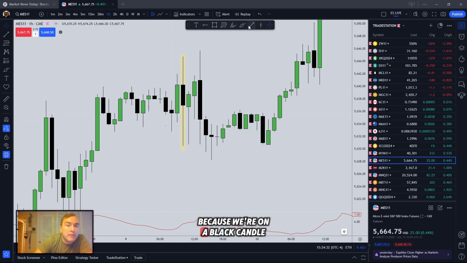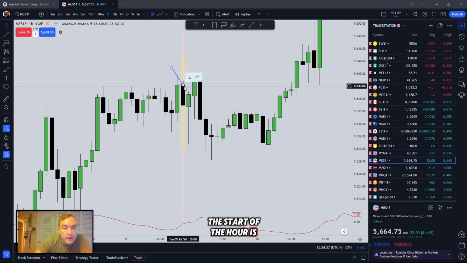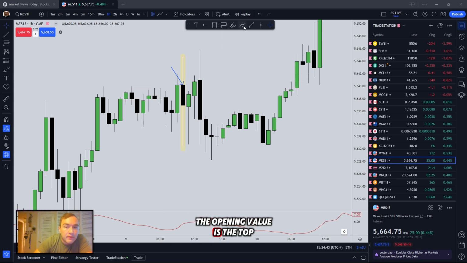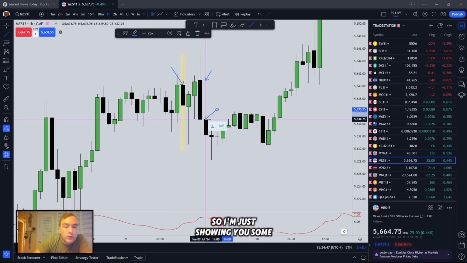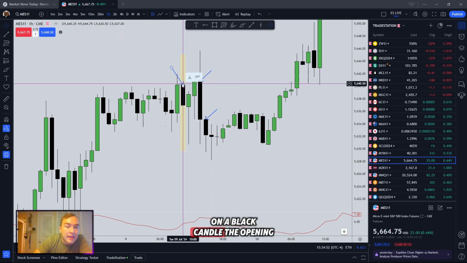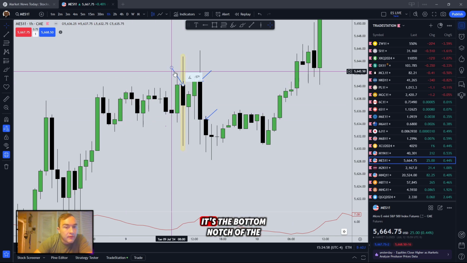Well, because we're on a black candle now, or a down candle, the start of the hour is the top notch of the square. So on a black candle, the opening value is the top notch of the square. I'm just showing you some more examples of top notches of the square. On a black candle, the opening value, or the O value, is the top notch of the square, whereas on a green candle, it's the bottom notch of the square.